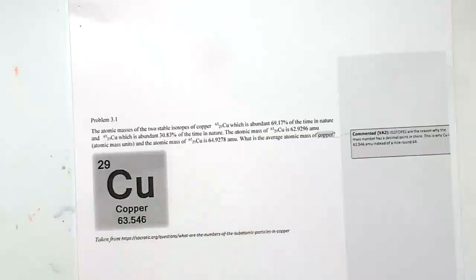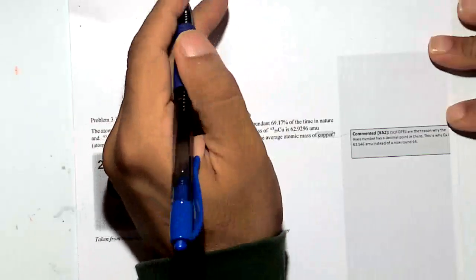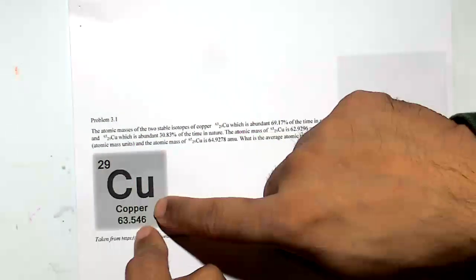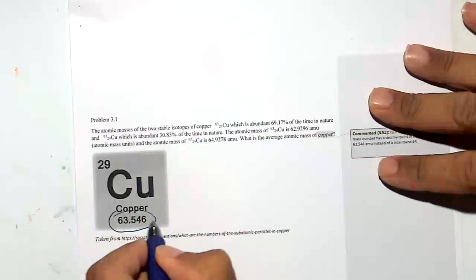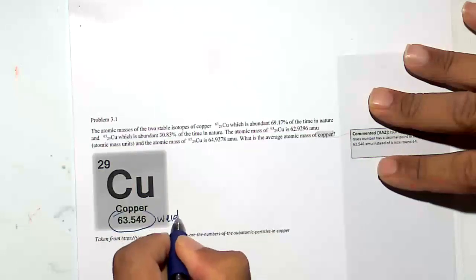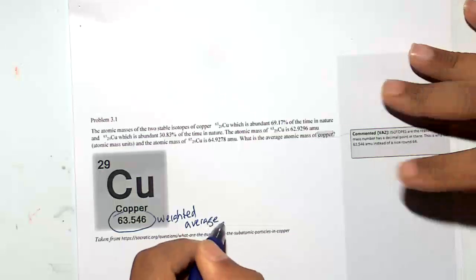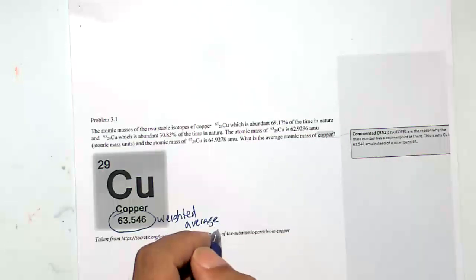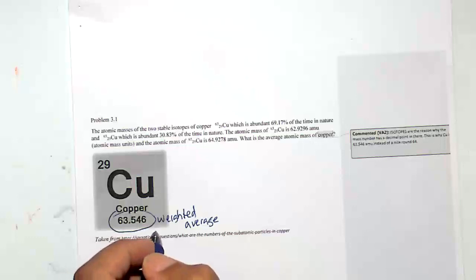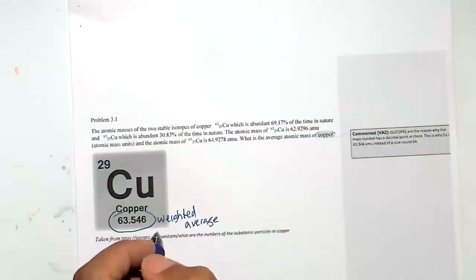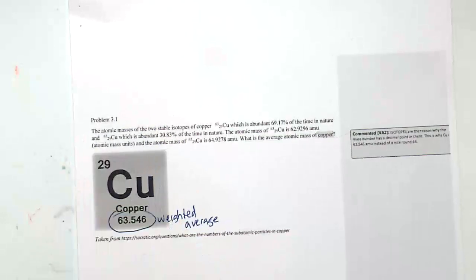Okay, we'll do a problem involving copper. In this particular problem, the idea is we're looking at weighted average. How do you calculate a weighted average? This is what this number is. You don't just do an average and say, oh, I'm done. This is weighted. There's a difference between weighted average and the average that you learned in math.